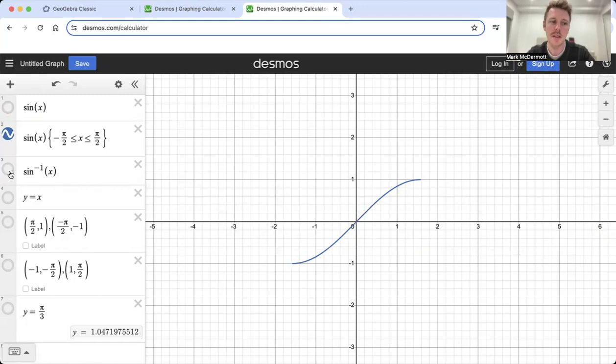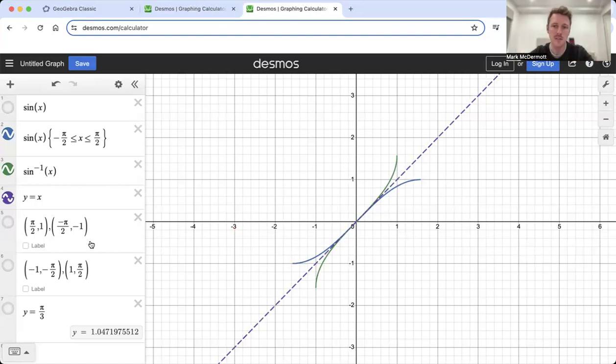And then if we think about the inverse function, we know that inverses, from previous learning hopefully, are a reflection in the line y equals x. So it's going to look something like this. And we can see that the line y equals x goes through there. So maybe the last thing to say, this green line is sine inverse of x. Let's see what the range of it is.